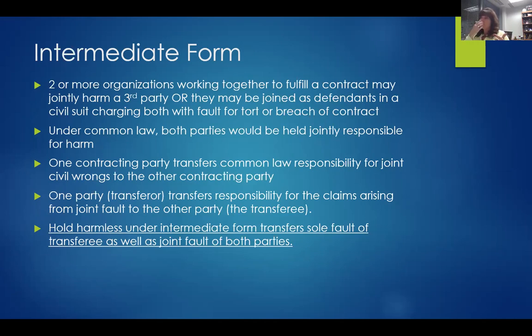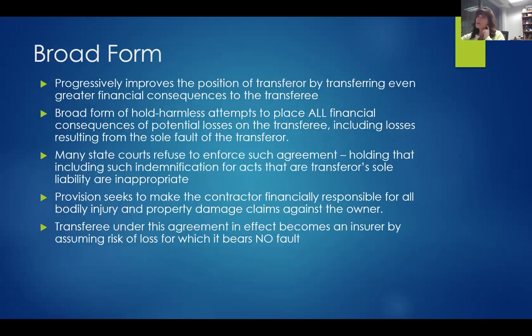They'd be transferring the responsibility for claims that arise from joint fault to the other party, the contractor. And the contractor is willing to accept that. That's not always the case, but let's say they are willing to do that because they want to get the contract. That would be considered an intermediate form. Hold harmless under this transfers sole fault of the transferee as well as the joint fault of both parties. That's what an intermediate form is.